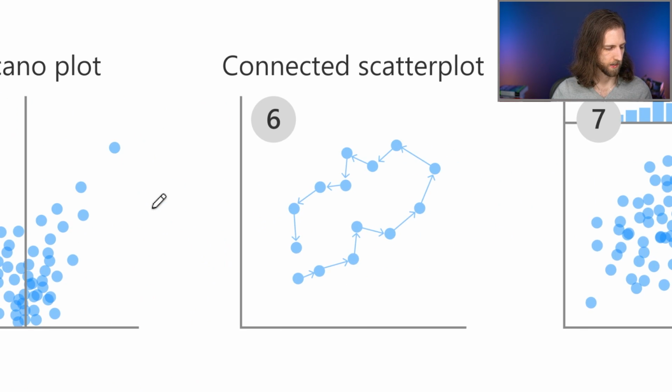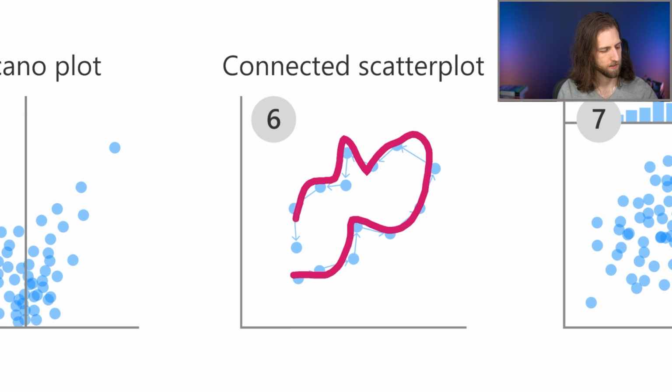The first of them is a connected scatter plot. It's like the animated scatter plot, but it's not animated, basically. But we can still see the evolution of these data points, for example, over a period. So it's something that's useful if we have a small number of data points and we're just looking at how they change over time.